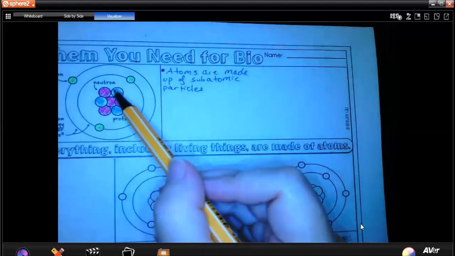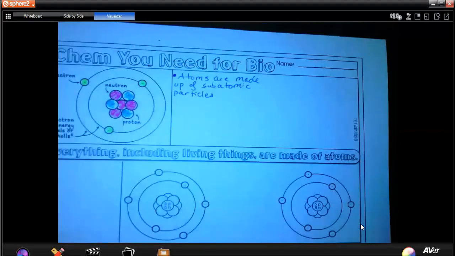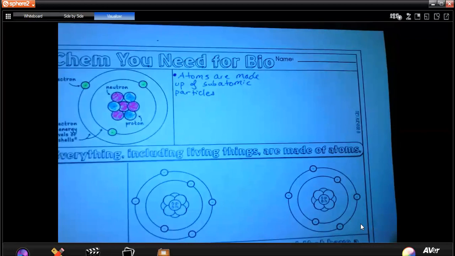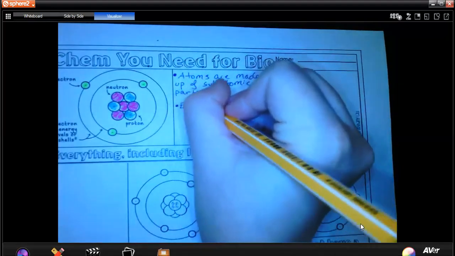So an atom is going to be a proton, a neutron, and an electron at minimum. Those three things will form your basic atom, which is hydrogen.